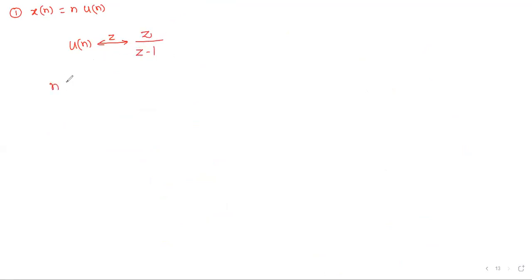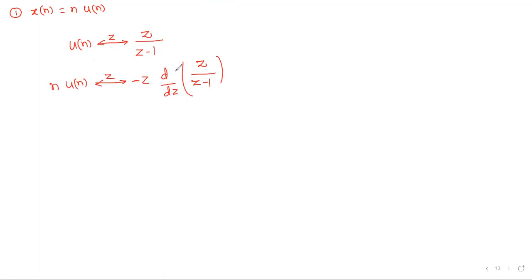Now, n into u of n is a multiplication in the time domain, so we will get minus z into d by dz of z by z minus 1. You need to do u by v differentiation. What is u by v differentiation?